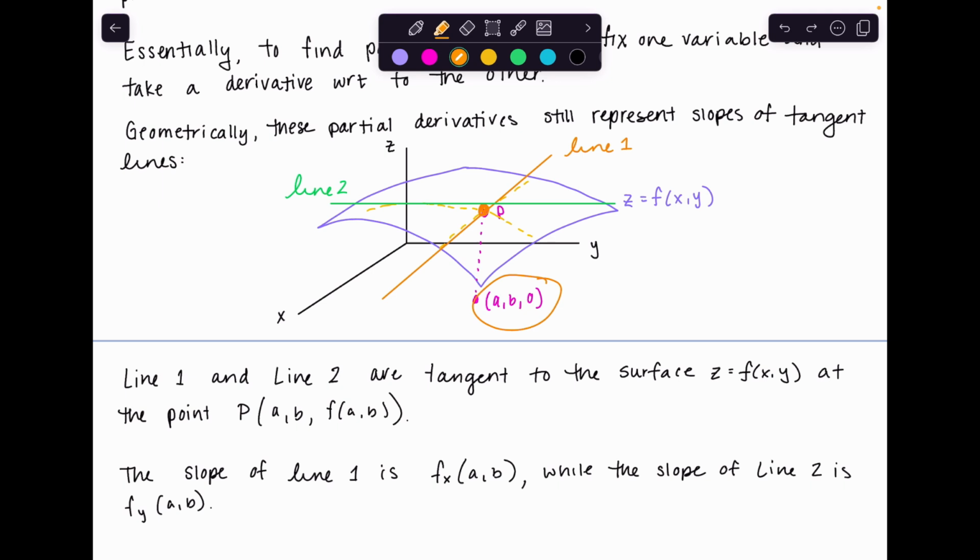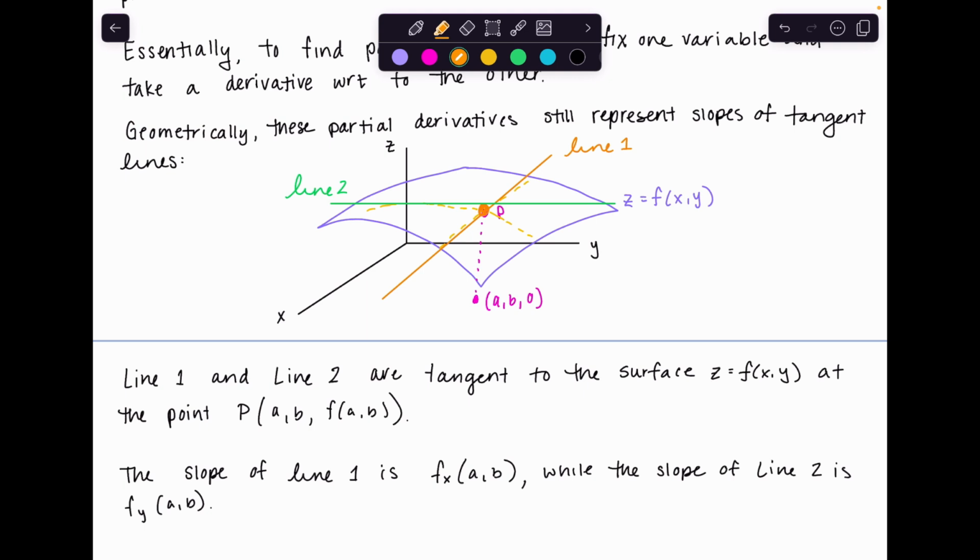But because we're in 3 dimensions, if you want the equation of the tangent line, you need the direction that tangent line is heading, and then you also need the slope in each direction. But again, for line 2, it's not moving in the x or z, so those slopes are 0. So the y slope is just going to be whatever that partial is with respect to y at that point. So same geometric interpretation.